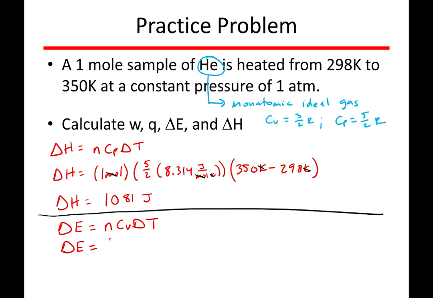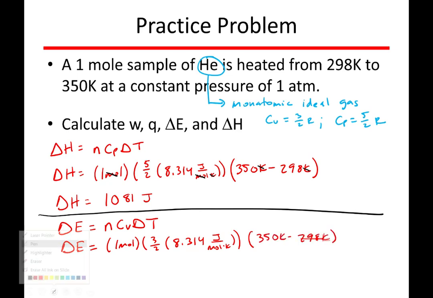So delta E is 1 mole times CV, which for a monatomic ideal gas is 3/2 R. So 3/2 times 8.314, delta T, T final of 350 minus T initial of 298. In terms of the units, again, the moles and the Kelvin cancel out, and I'm left with just units of joules, and the value that I get for delta E is 648 joules. All right, so I've taken care of my state functions.